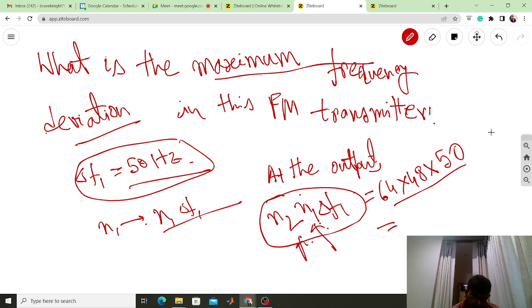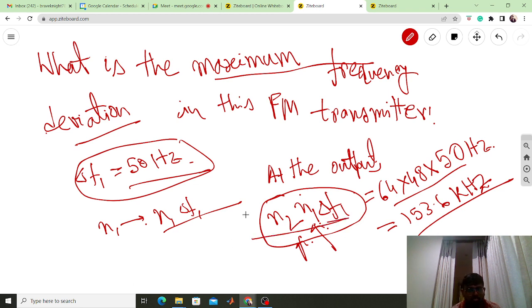It comes to about 153.6 kilohertz. So this is the frequency variation at the output, and this is the frequency variation at the input. You can think of before applying the multipliers and after applying the multipliers.